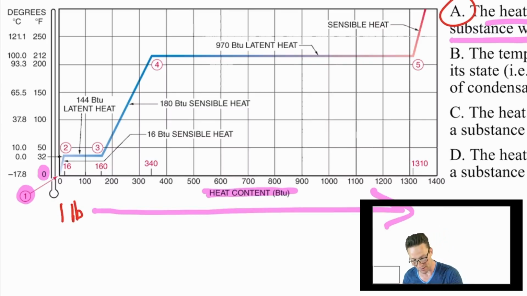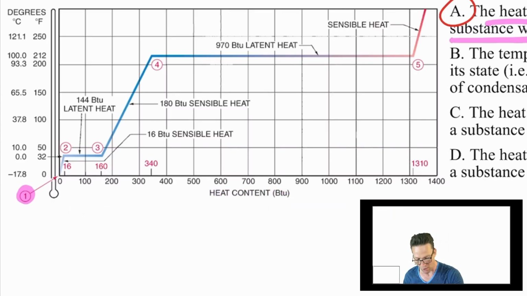Well, the first thing that's going to happen is our 1 pound of ice is going to move from step 1 to step 2, from here to here. We're going to have to add BTUs of heat energy to raise the temperature of the ice from 0 to 32 degrees Fahrenheit. Each time we add a half a BTU, actually, we're going to increase the ice by the temperature of 1 degree Fahrenheit, because the specific heat of ice is 0.5 BTUs per pound.